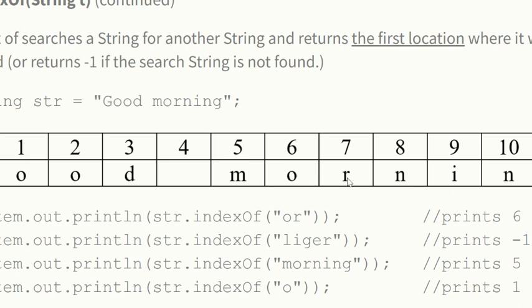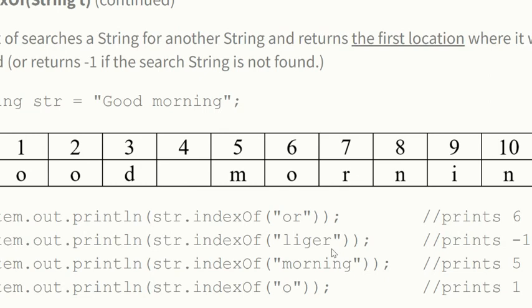And if I say, hey, what's the index of liger? It prints -1 because liger is not in the words good morning, obviously. And if I ask for the index of morning, it's going to say 5. It's where it starts. Okay, so don't overthink it like, oh, it's 5, 6, 7, 8, 9, 10, and 11. It's just 5. 5's where it starts.